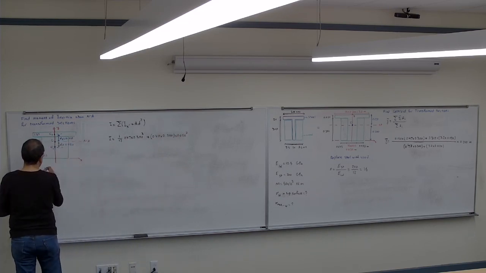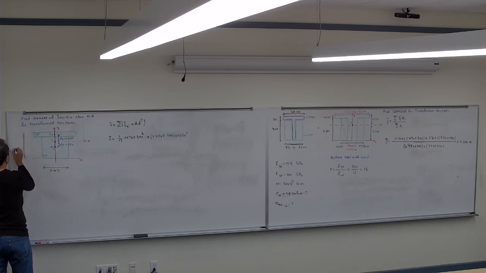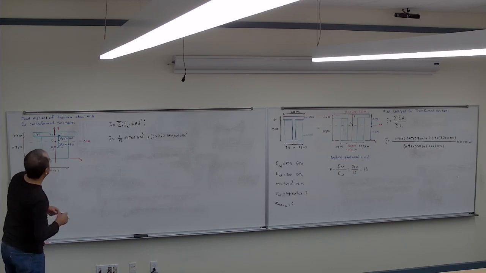So if I'm correct, you said it's going to be 0.047, correct? And this is going to be 300, this is going to be 0.020, and the top is 3.2.